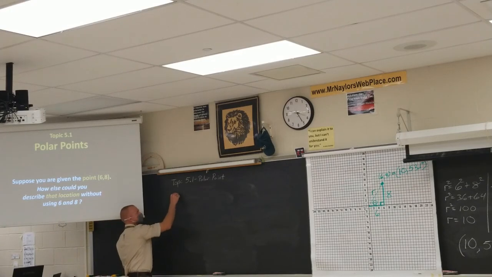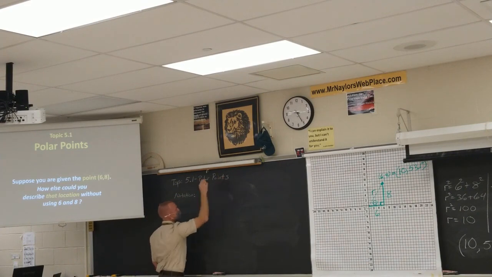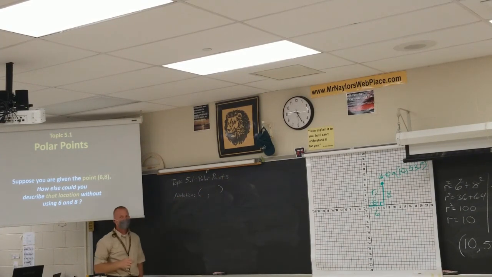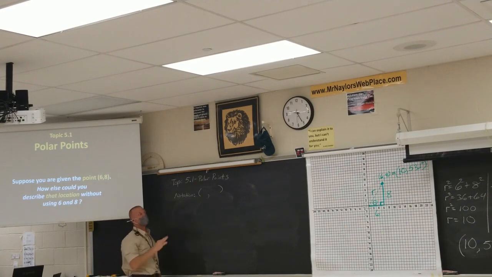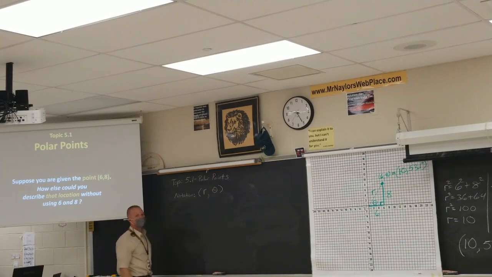First off, though, we have the notation for a polar point. And it won't take you long to get familiar with this, okay, because it actually uses two ideas that we've already discussed. It uses an R and a theta.